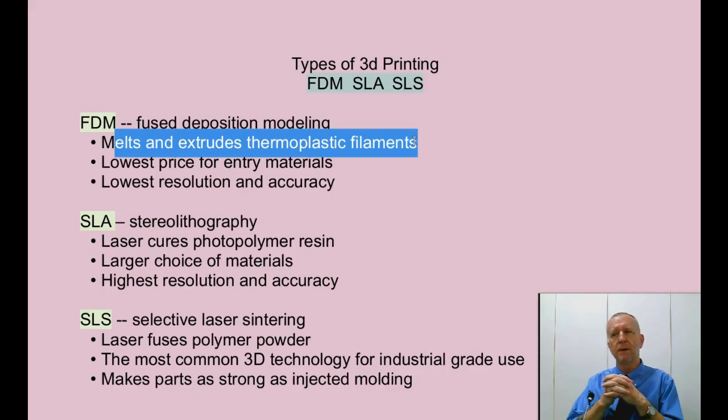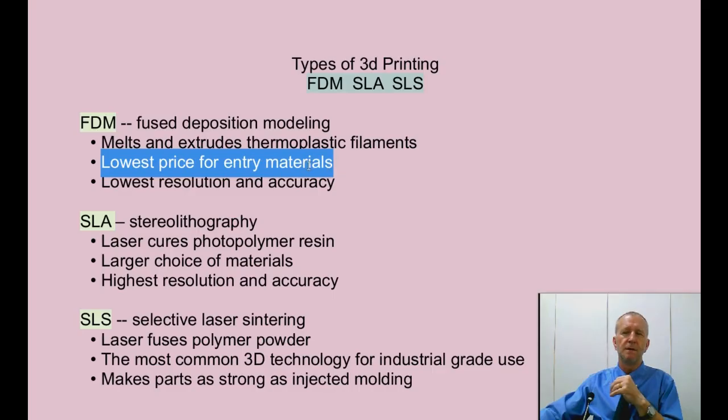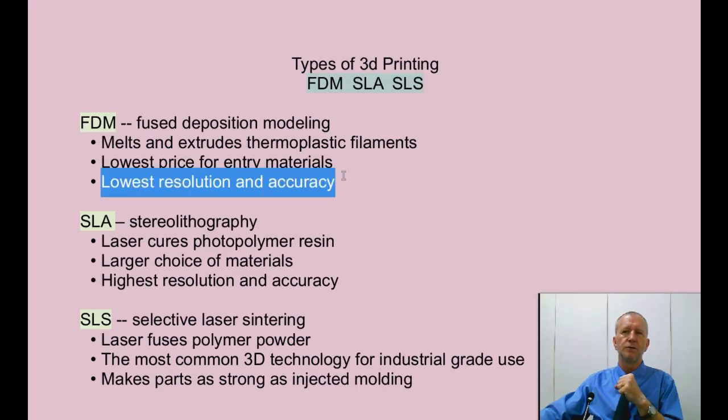I don't think we've done metal yet, but we melt plastic, and it is a lower price if you're just getting into the 3D printing business, but it has the lowest resolution and accuracy. Now let me be clear, it doesn't mean it doesn't have good resolution, and it doesn't mean it's not accurate, but of the other processes, it has the lowest resolution and accuracy.